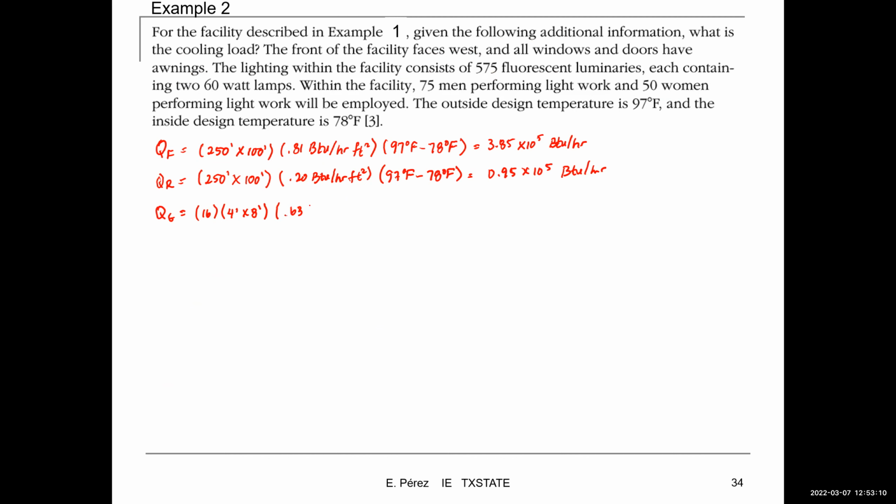So 0.63 BTUs per hour feet square. Temperature difference is the same. So this is equal to 0.06 times 10 to the 5 BTUs an hour.